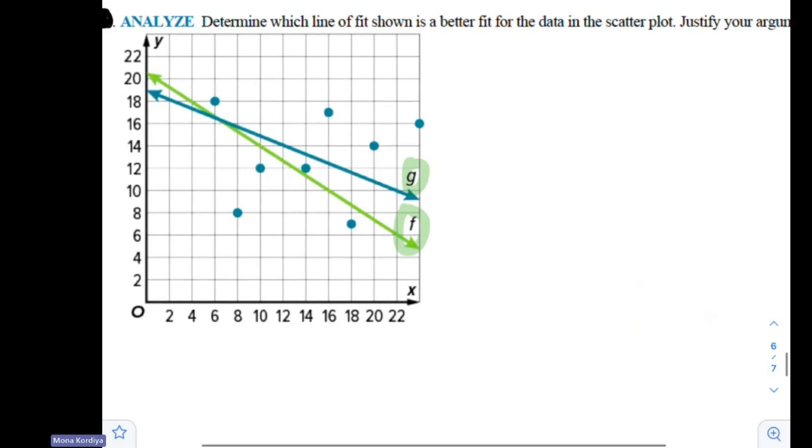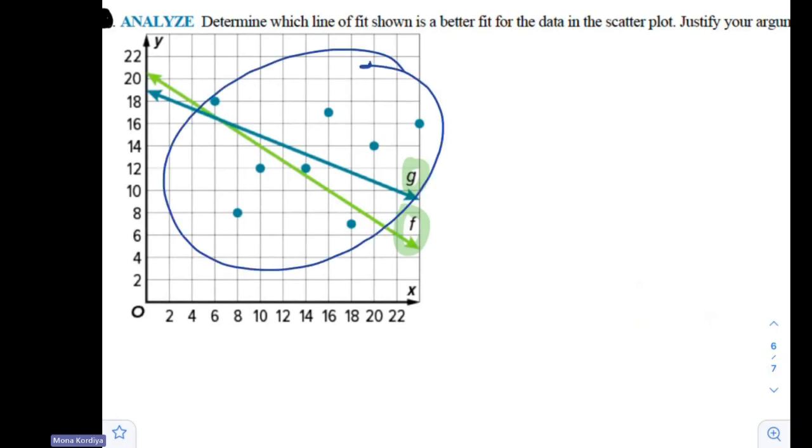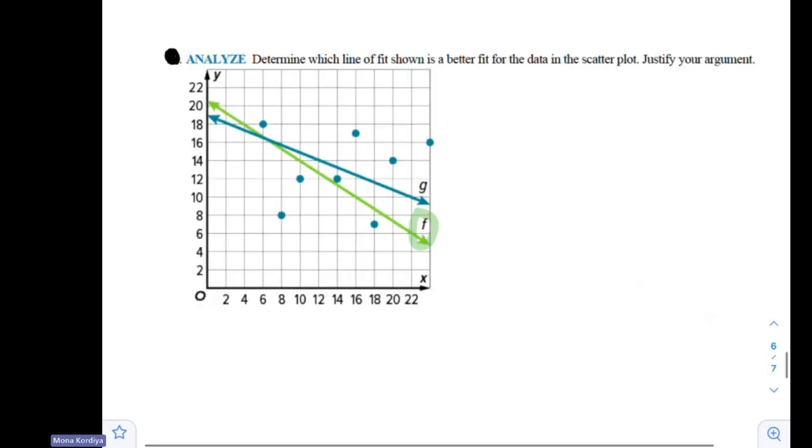Do you think that there is a correlation showing a trend here, increasing or decreasing? No correlation. You cannot decide whether this is an increasing trend or a decreasing trend. We don't know actually, because the points are scattered everywhere. So neither of them is correct because there is no correlation.